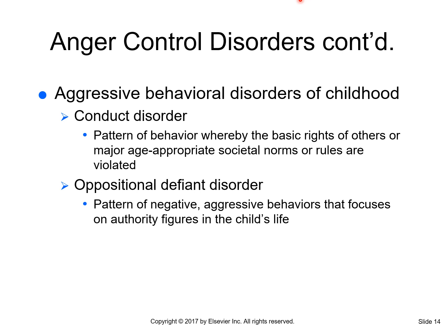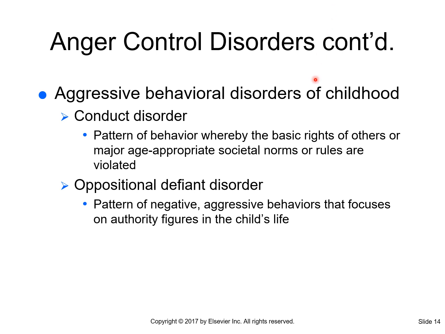And then you have oppositional defiant disorder. This is when there is a pattern of negative, aggressive behaviors that focuses on authority figures in the child's life. Okay, that's your keyword for oppositional defiant disorder, is that they have a problem with authority figures in their life.